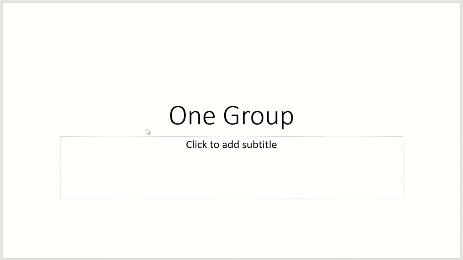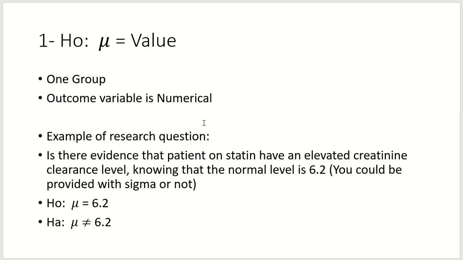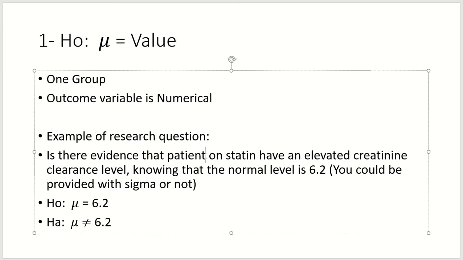The first scenario is if you have one group and you're testing a hypothesis that mu equals a certain value. So you have one group, and your outcome is numerical. The example I have here, a research question could be of the form: is there evidence that patients on statin have an elevated creatinine clearance level, knowing that the normal level is 6.2, and you could be provided with sigma or not.